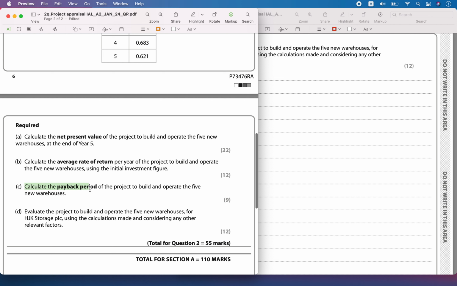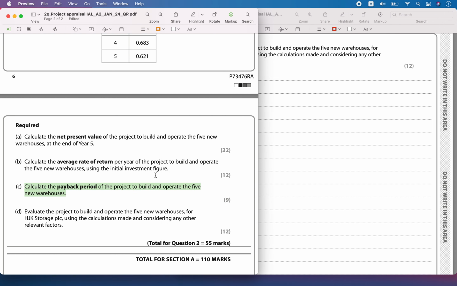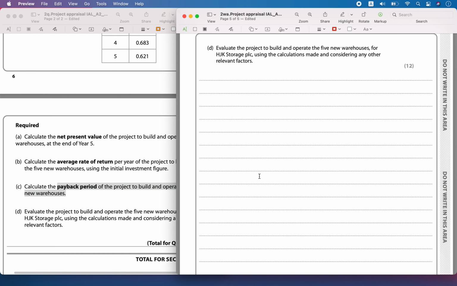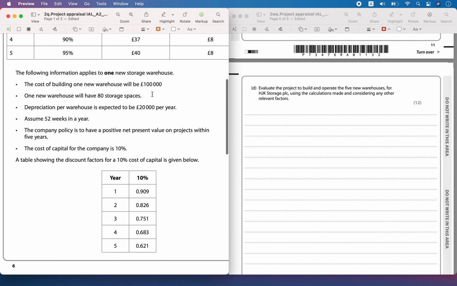In the third part, we are supposed to calculate the payback period for the project to build and operate the 5 new warehouses. So what is the payback period formula? The payback period is how many years it is going to take to recover the initial investment of 500,000 pounds.